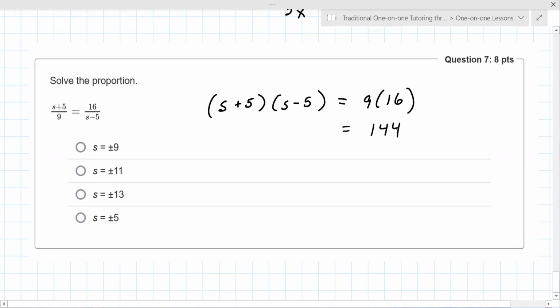144. Okay. Now I want you to use FOIL on the left here. Remember FOIL? Okay, so FOIL that and tell me what you get when you're done.